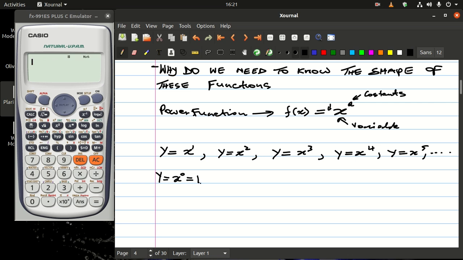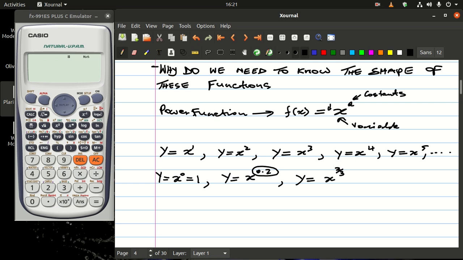So if we have that, remember that we have a constant and we have x as a base. X is a base and 0 is a constant. So this one is a basic or a trivial power function. And then you have y is equal to x to the power 0.2. 0.2 is a real number. It is a constant. And x is the base. So this is also a power function. Y is equal to x to the power 2 over 3.